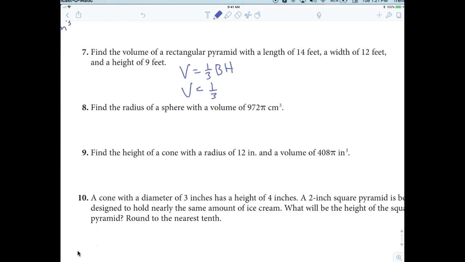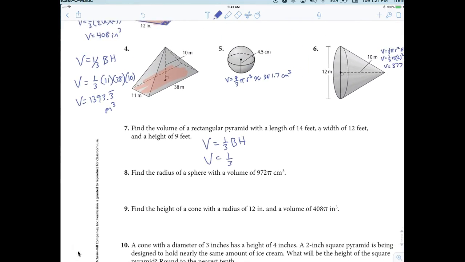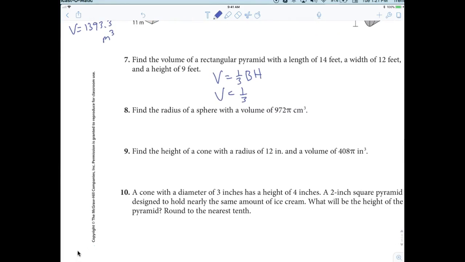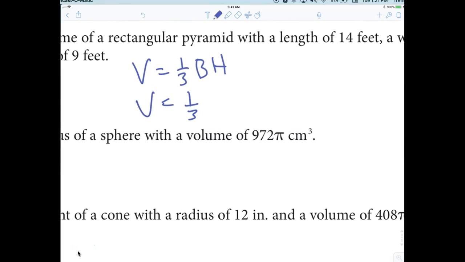Now look, because it's a rectangle, what's the base? What's the base shape? How do I find the area of a rectangle? Here it is, right up here. Base times height. Yes. But we could also say length times width. Do you agree with that? Yes. So 1/3 length times width times height.